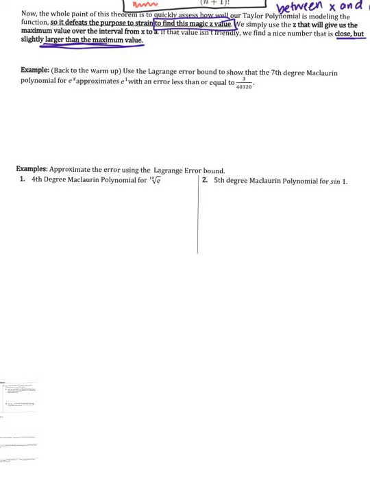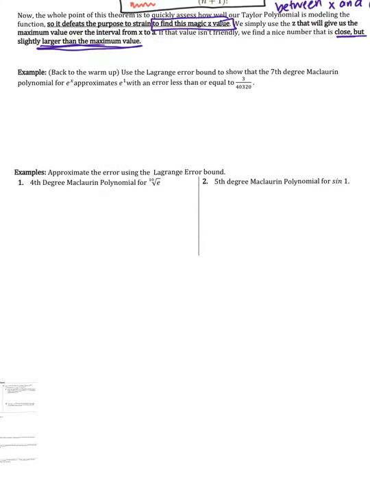So back to what we were talking about a little bit in the warm-up. Suppose we kept going with our partial sum approximation and that we actually approximated e to the first power using the first 7 terms. So a couple things to point out. We're saying that a 7th degree Maclaurin polynomial was used to approximate e to the first power.